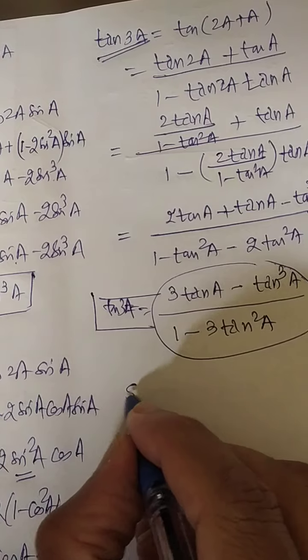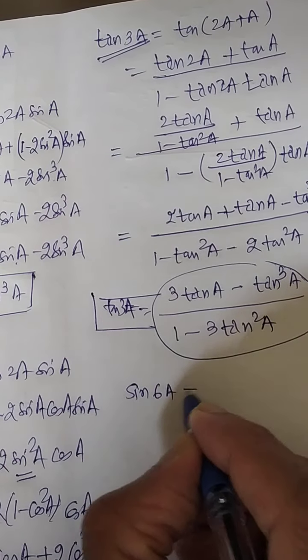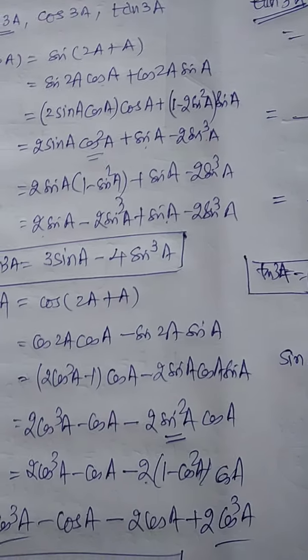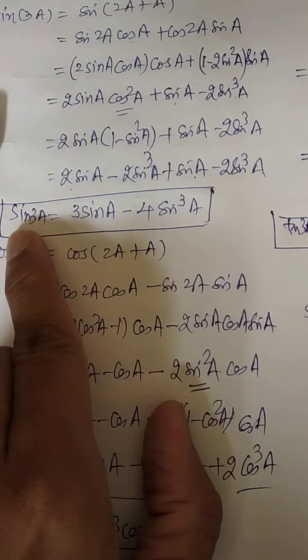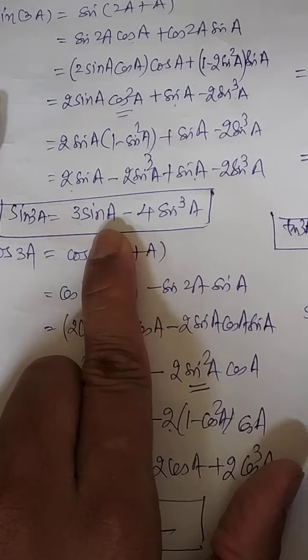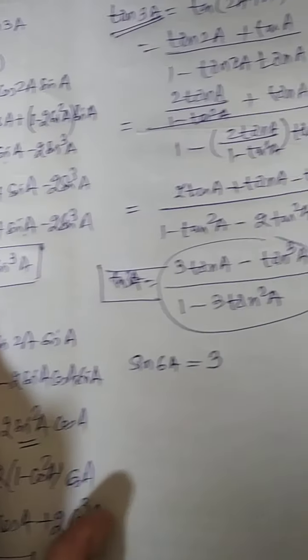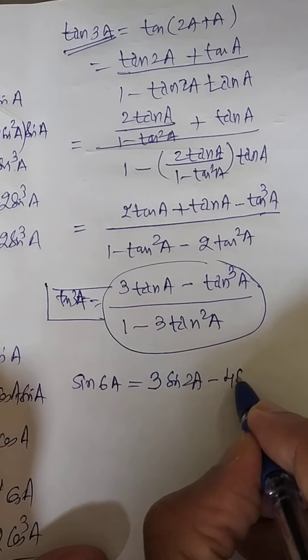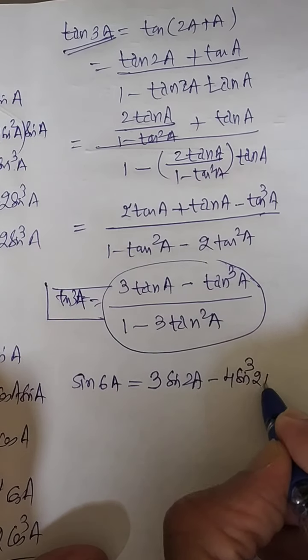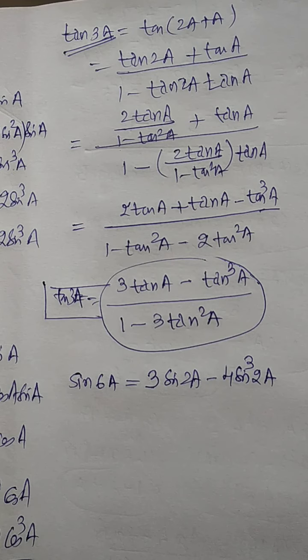Suppose I want sin 6a and want to use the sin 3a formula. 3 sin a, here it is one third of that. 3a is there, no? So it will be 3 sin 2a minus 4 sin cube 2a. In this case, the angle becomes one third.